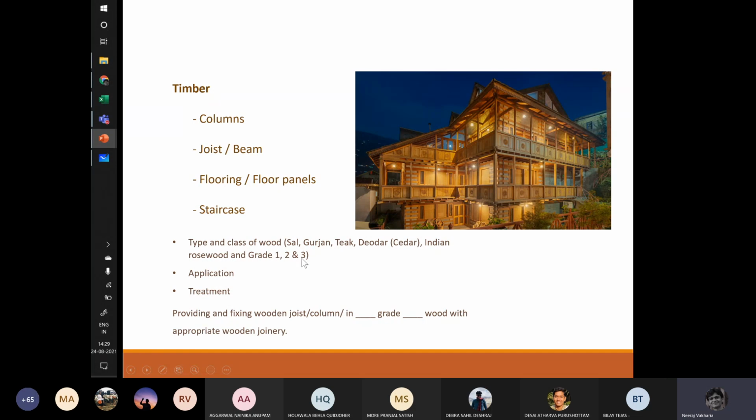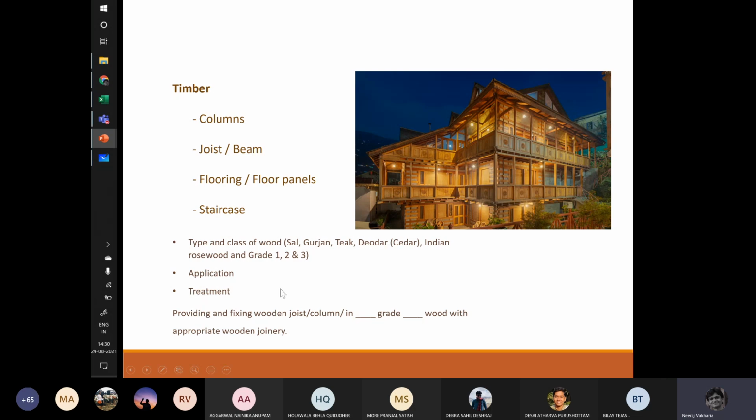Grade 3 is generally okay but might have some defects. Cut sizes might be too small or there might be knots in it. So grade 3 may not be used for structural members, but it can be used for railing and other non-structural members. Grades 1 and 2 are generally used for column and beam.